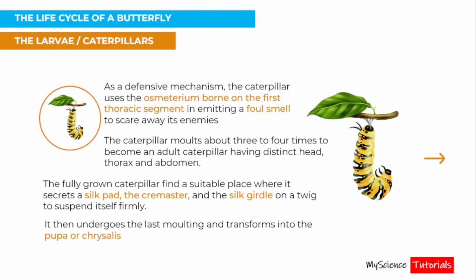The caterpillar molts about 3 to 4 times to become an adult caterpillar, having distinct head, thorax, and abdomen. The fully grown caterpillar finds a suitable place where it secretes a silk pad, a cremaster, and a silk girdle on a twig to suspend itself firmly. It then undergoes the last molting and transforms into the pupa or the chrysalis.